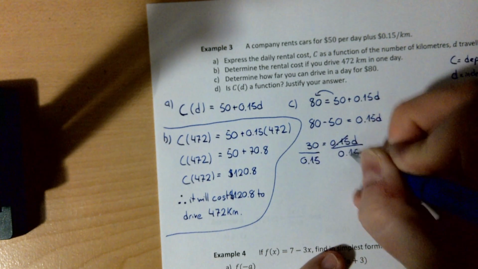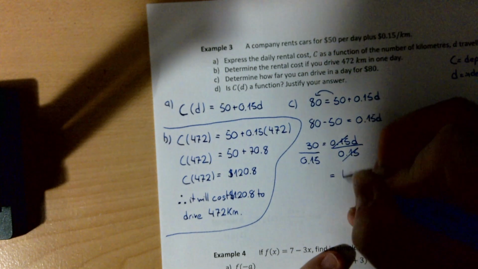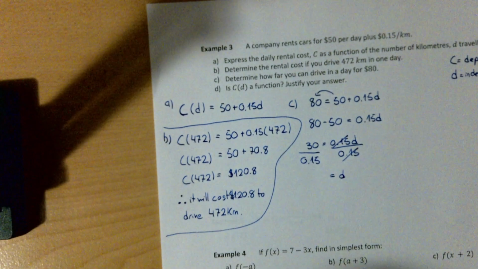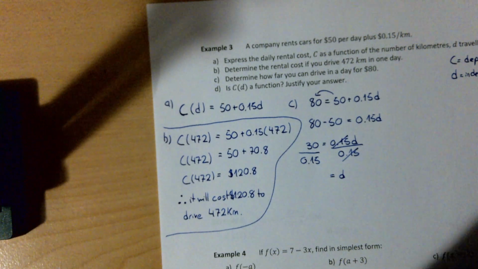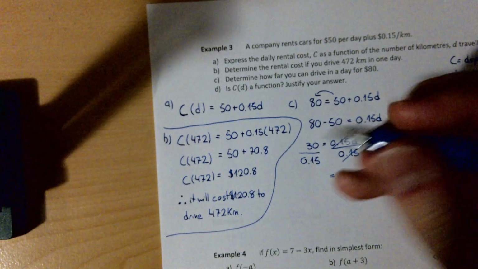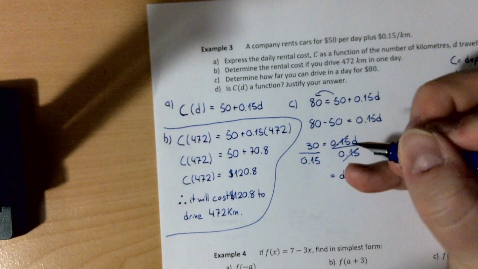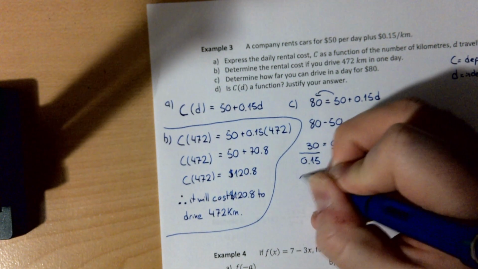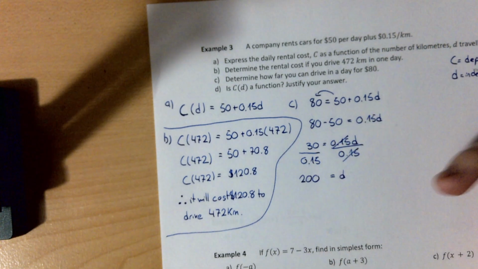So over here on my right side it cancels out and I'm just left with my D value. And now I'm grabbing my calculator and doing 30 divided by 0.15. And because I'm dividing by a decimal that's smaller than 1, my number is going to get bigger. So I got 200. That's my final answer.